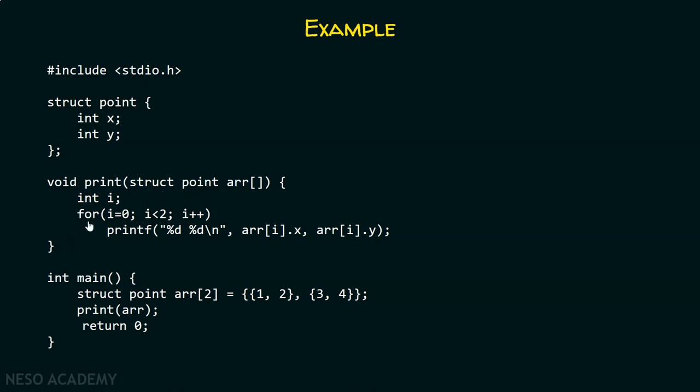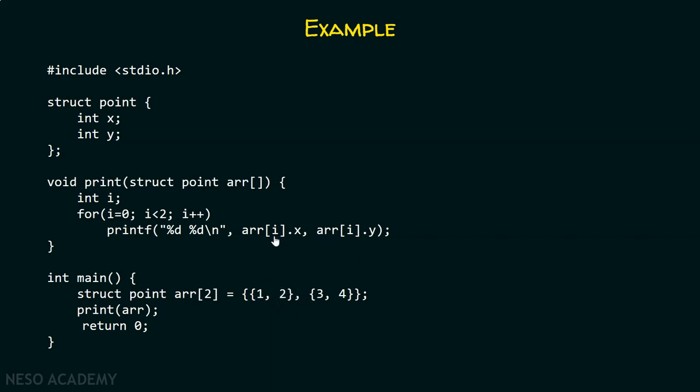Inside this print function, we have a for loop which runs from 0 to 1. As the condition is i less than 2, the loop runs from 0 to 1, which means it runs 2 times. With the help of the printf function, we are printing the values of x and y of each of these variables. When i is 0, we are accessing our first variable and its members. That is, arr[0].x, which means we are accessing this value, 1, and arr[0].y, which means we are accessing this value, 2.